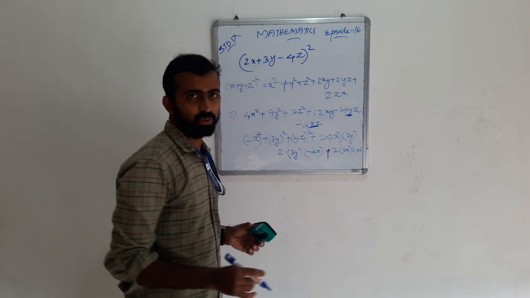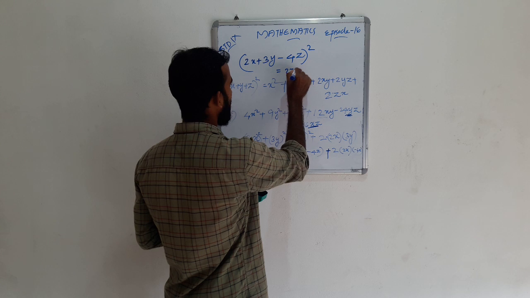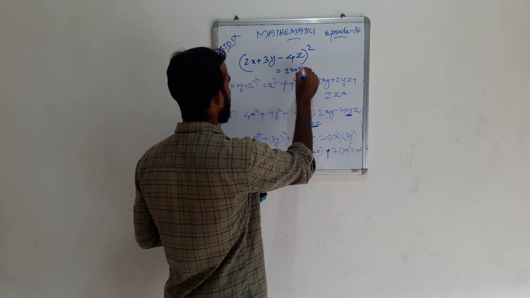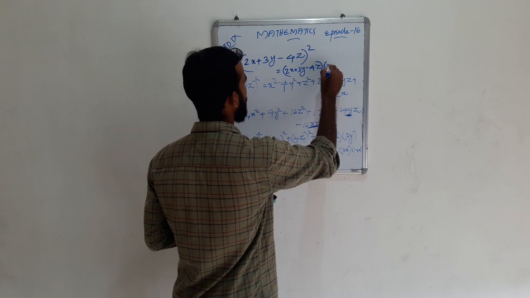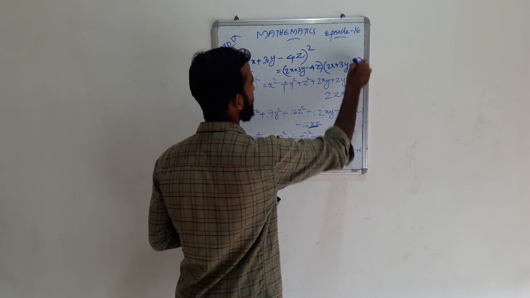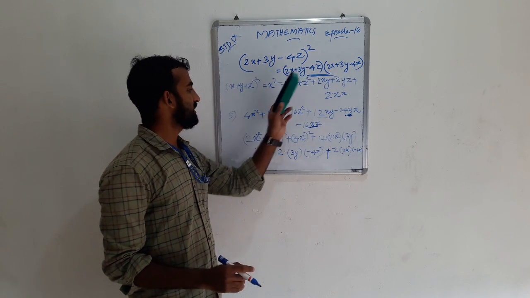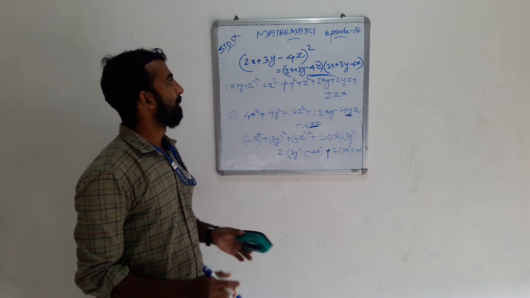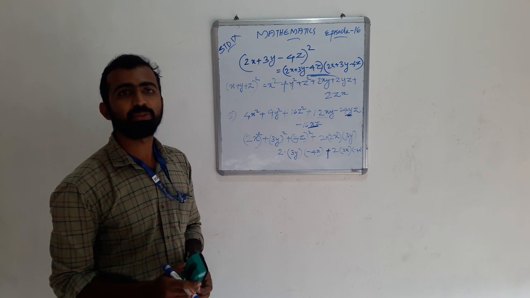This means 2x plus 3y minus 4z into 2x plus 3y minus 4z.